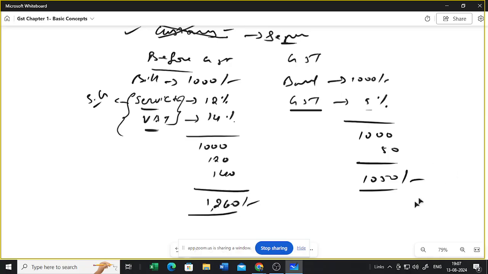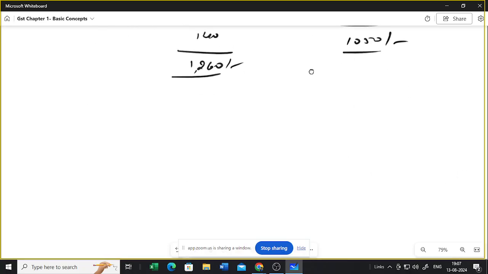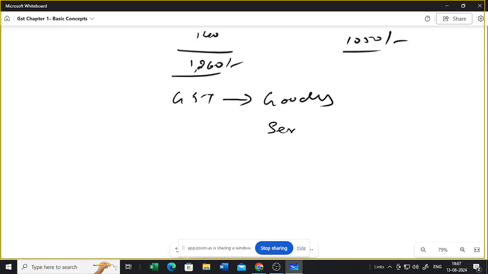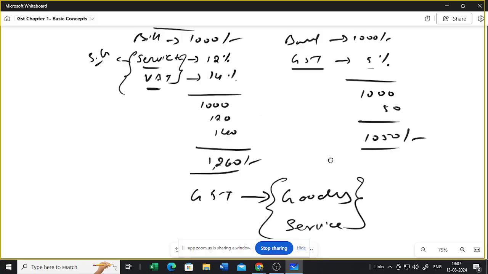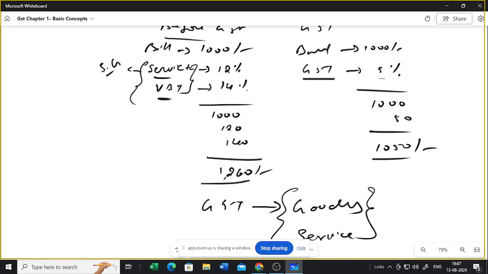So from before onwards, we are calling it GST. What is the full form of GST? GST means we have two things in the GST. First one is goods, and the second one is service. You need to define these two things very carefully. Clear or not? Before, the service tax completely used to deal with services.